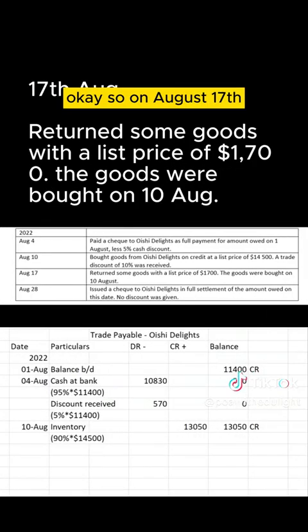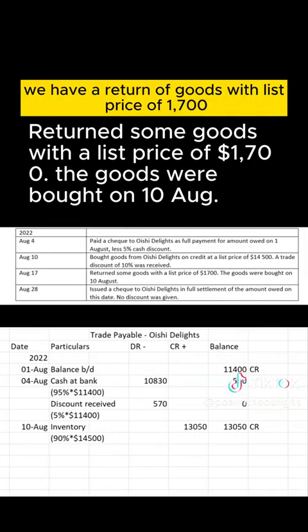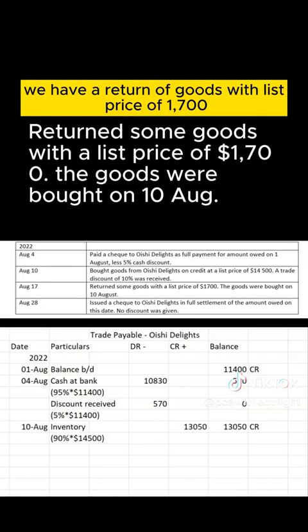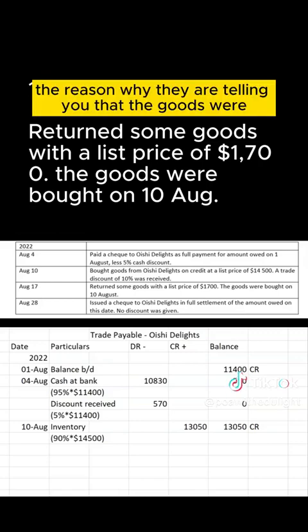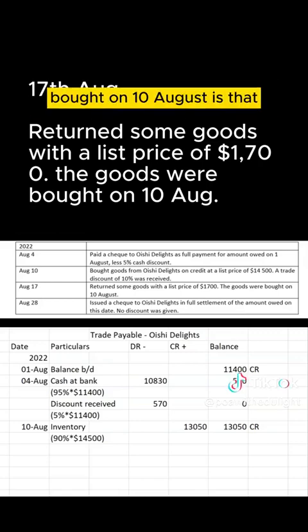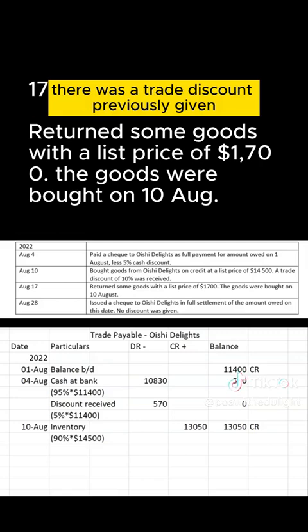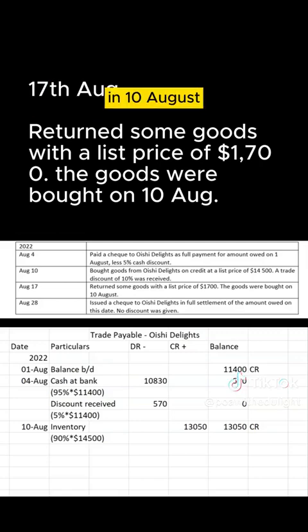Okay, so on August 17, we have a return of goods with a list price of 1,700. The goods were bought on 10 August. The reason why they are telling you that the goods were bought on 10 August is that there was a trade discount previously given on 10 August, which is 10%.